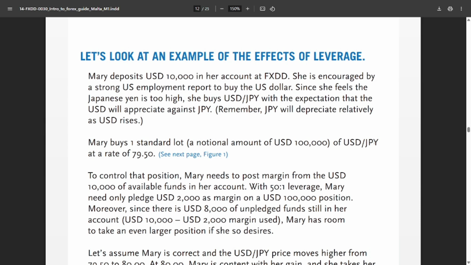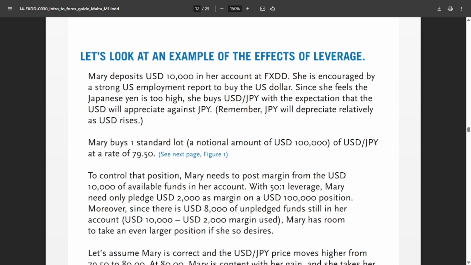To help you understand leverage completely, let me give you an example. Mary deposits about USD 10,000 in her account at FXDD. She's encouraged by a strong US employment report to buy the US dollar.